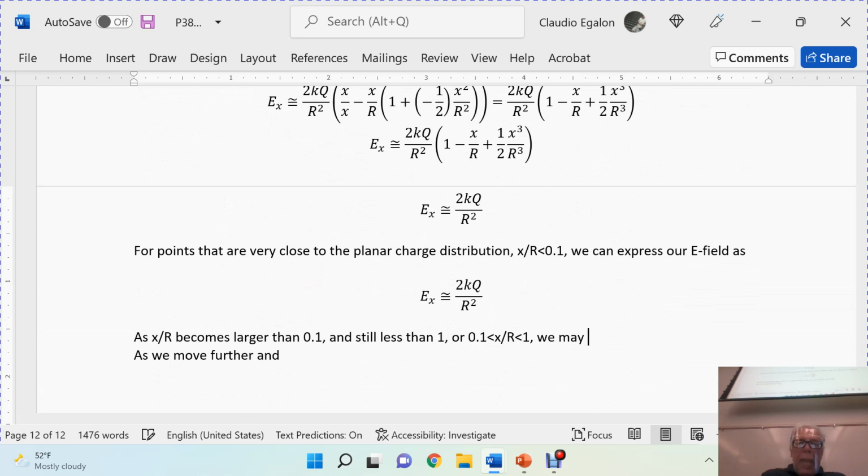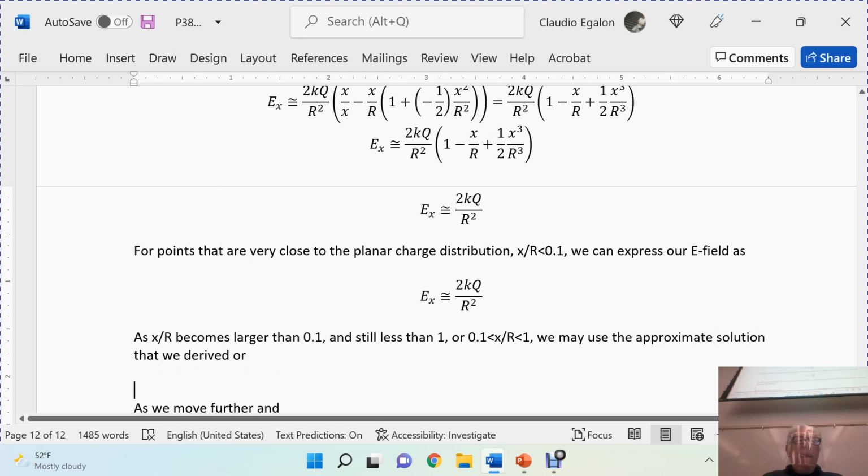We may use the other solution, the approximated solution that we derived.